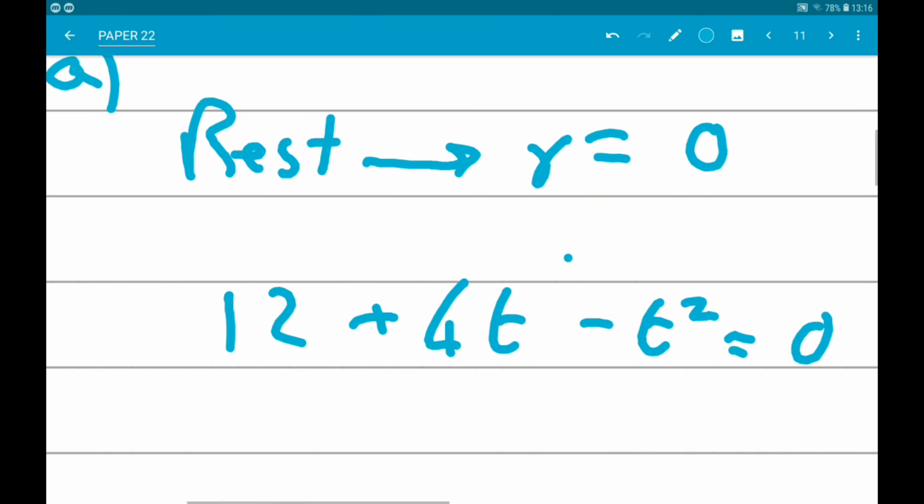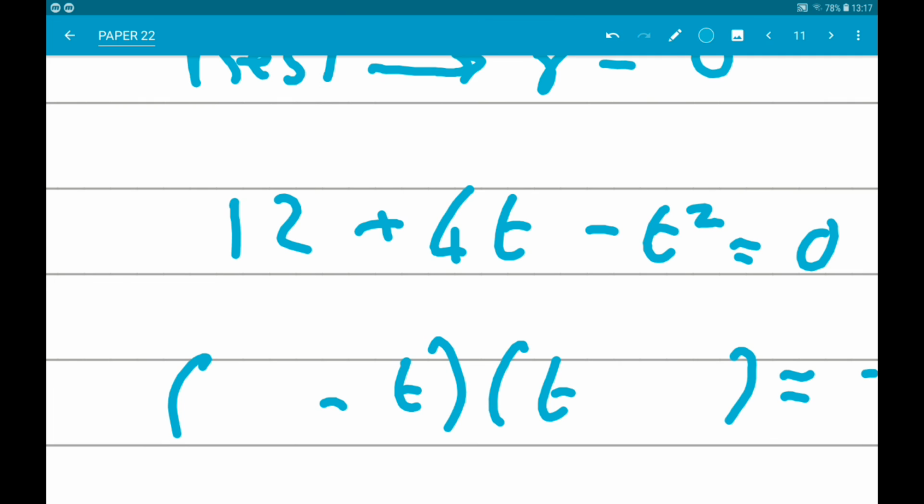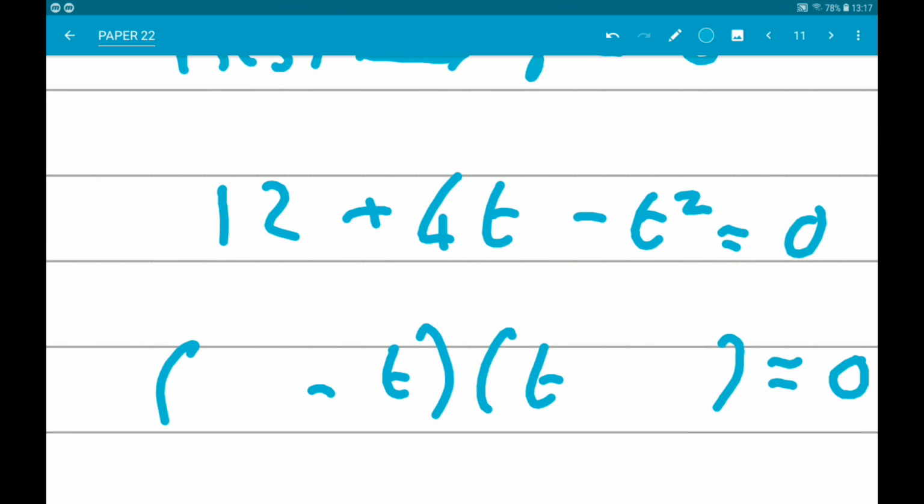So we're going to factorise that. So it's going to be a combination of 6 and 2. Now we want a plus 4, so it's going to be 6 in there, so then we get 6t and then a plus 2 in there, so then we get minus 2t.